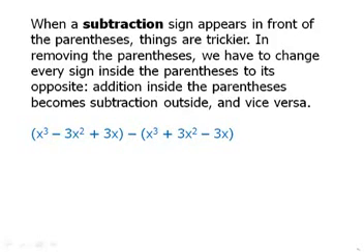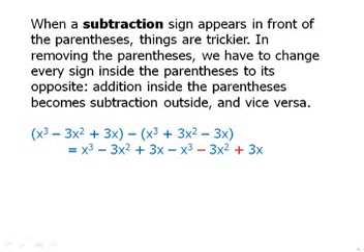So the first parentheses we can just remove without any problem. But the second parentheses, when we remove those, the addition of 3x squared inside the parentheses becomes subtraction outside. And the subtraction of 3x becomes addition outside. Those two change to its opposite. And once we have that, then we can simplify, and it simplifies to this.